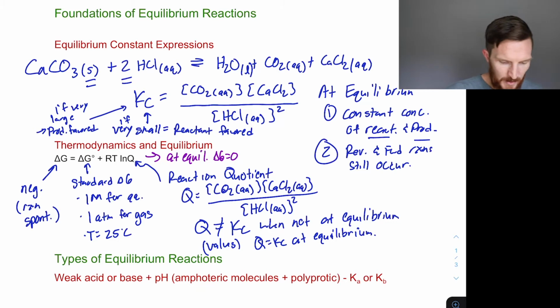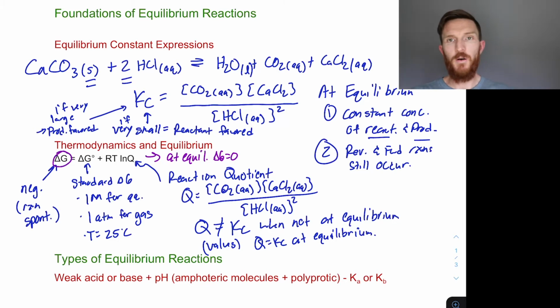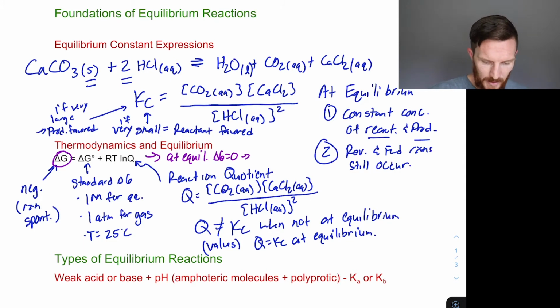Well, if we make this value equal to 0 and we're at equilibrium, that means our Q is equal to our Kc. What we'll see here is that our standard Gibbs free energy is equal to negative RT natural log of our K value.